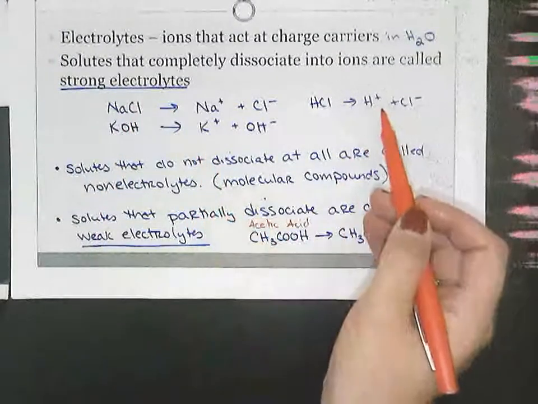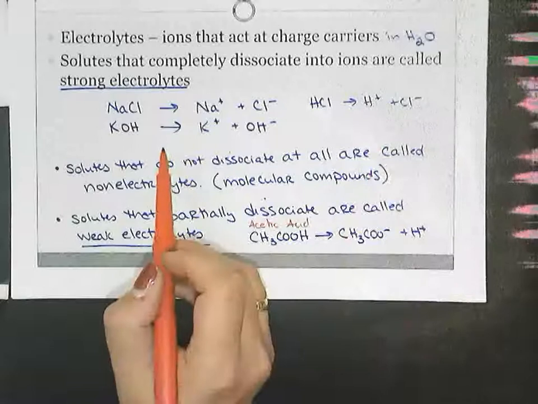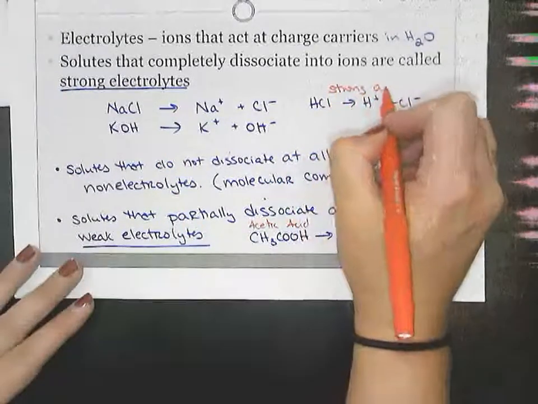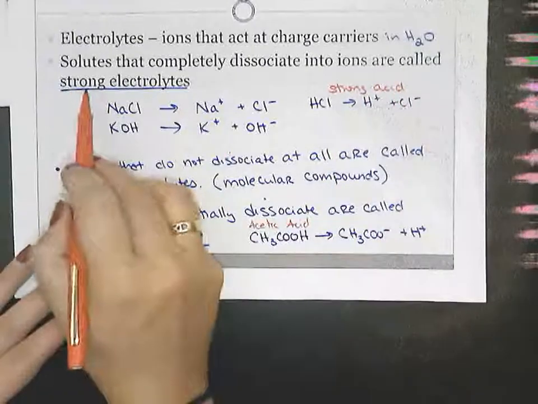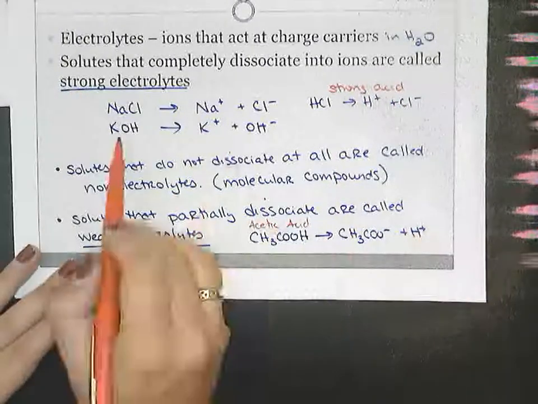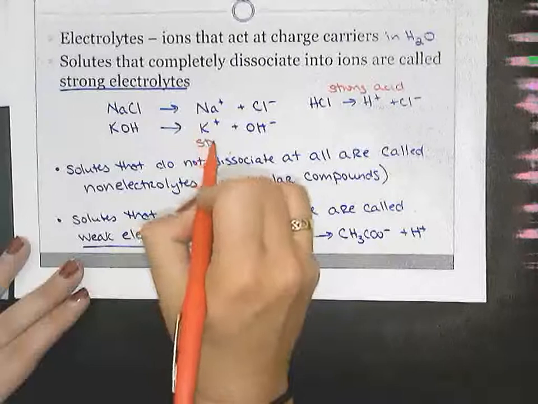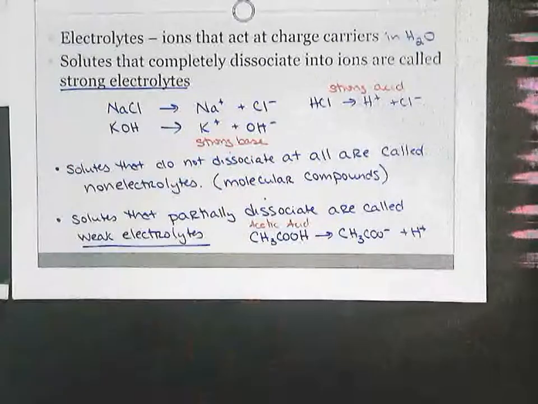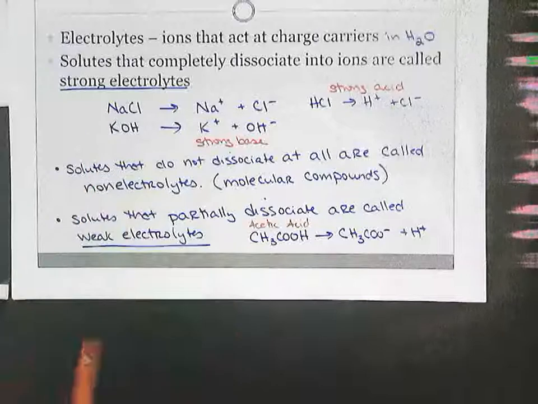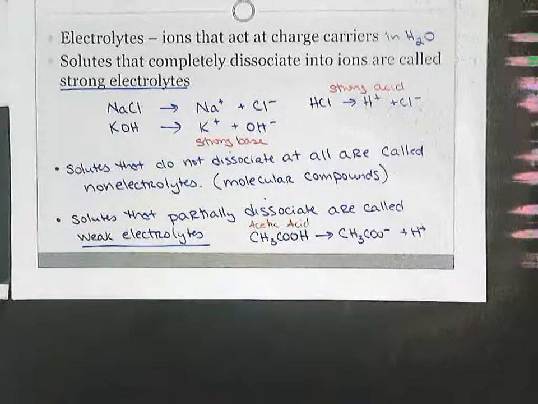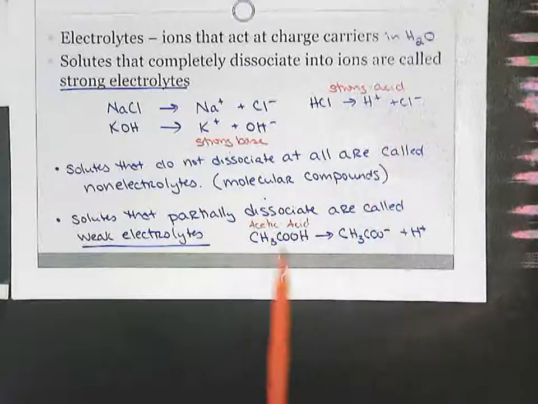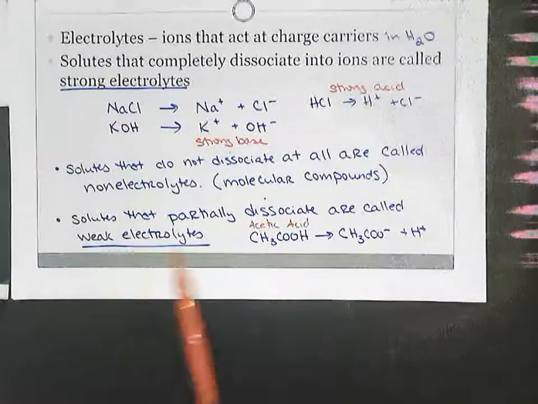So hydrochloric acid is also a strong acid and a strong electrolyte. Potassium hydroxide happens to be a strong base as well as a strong electrolyte. Sodium chloride, neither acid nor base, so it's just a strong electrolyte. So a strong electrolyte makes a strong acid. If acetic acid is a weak electrolyte, what kind of acid should it be? It's a weak acid.